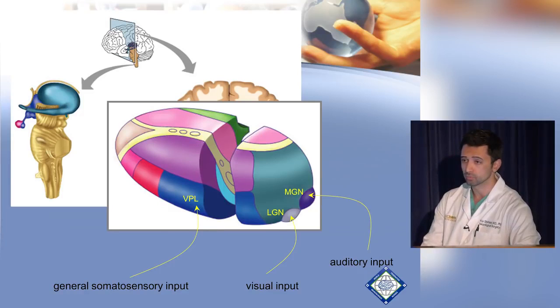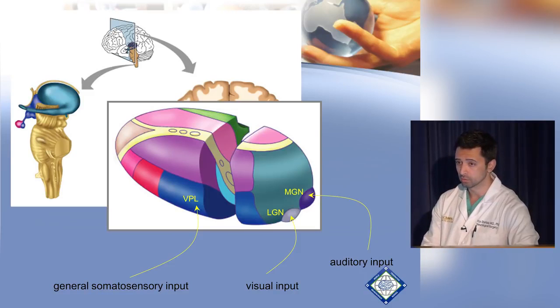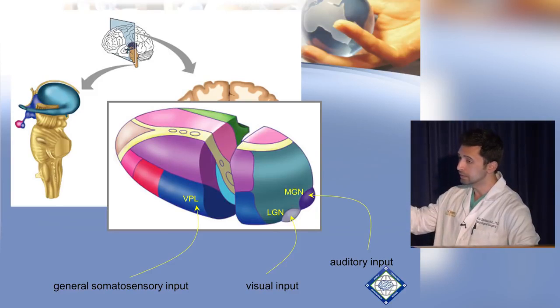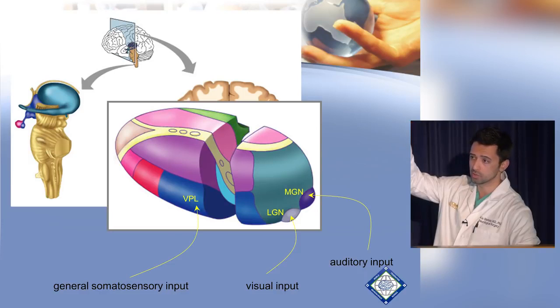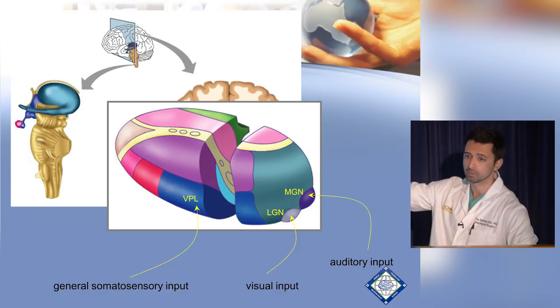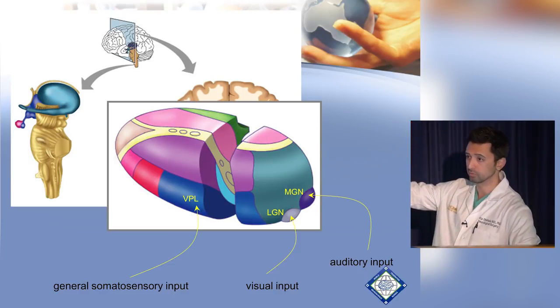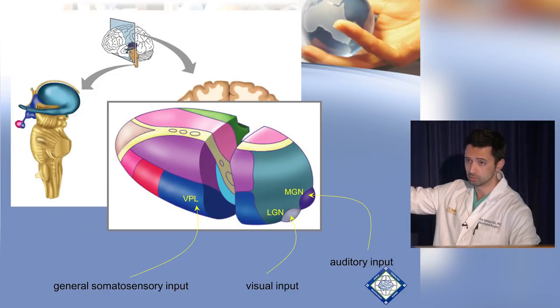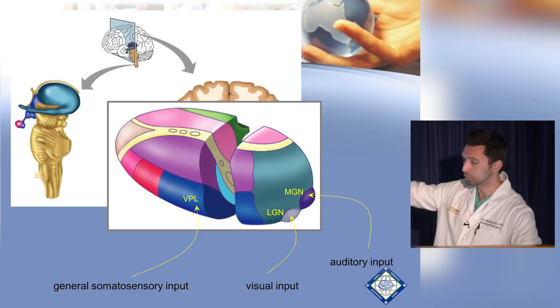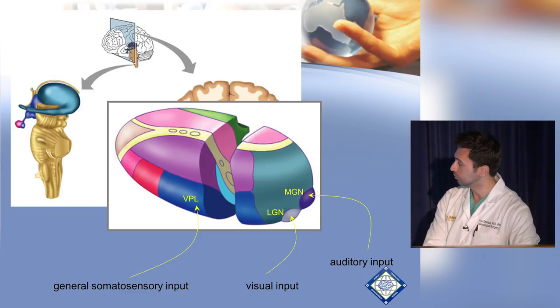Sensory input, for example, from the hands and feet comes into the thalamus, and it goes to the VPL, the ventral posterior lateral nucleus of the thalamus, which is this big blue area, and then this shoots it up to that primary sensory cortex. So all the input that the primary sensory cortex gets comes from the thalamus. So again, you can think about someone that's had a thalamic stroke or a thalamic tumor. They have major deficits. Cortex is fine, sensory in the hand is fine, but input doesn't get there if you don't have the cutoff person.